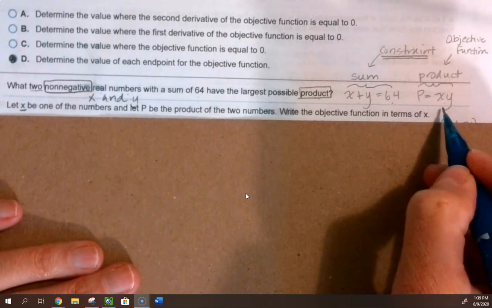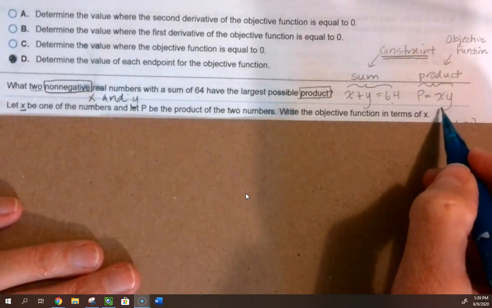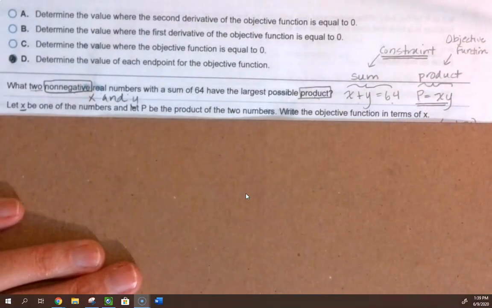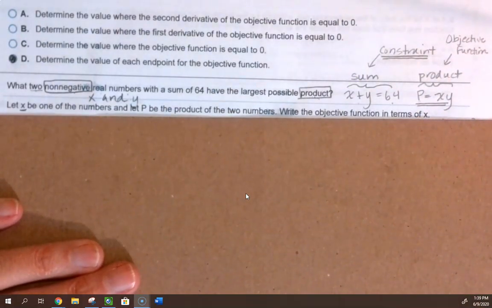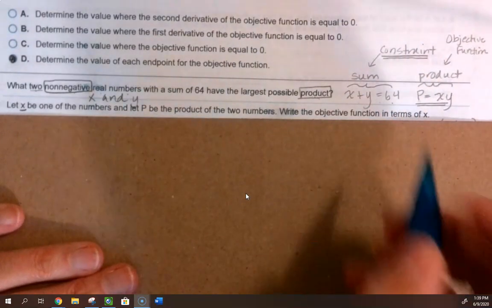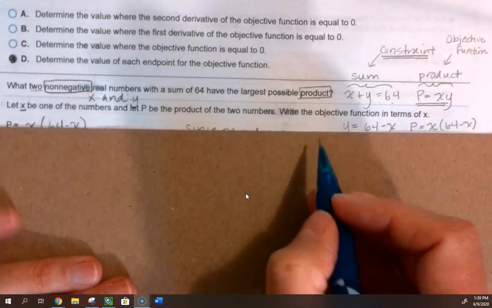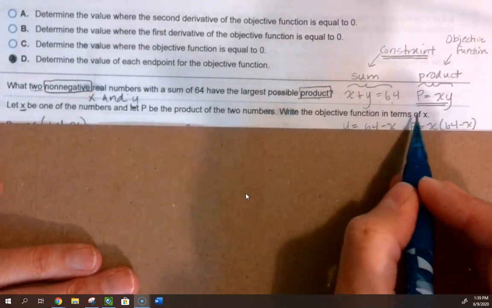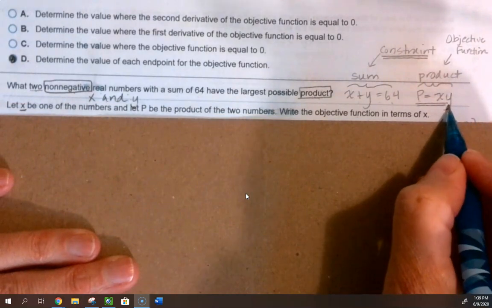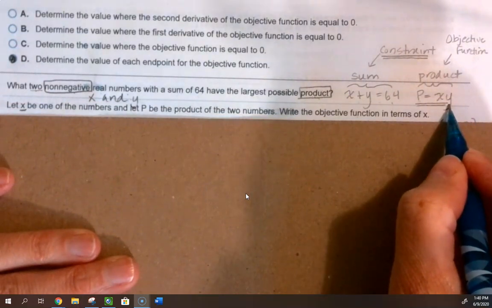The next step after you have those things is you want to take your objective function and write it in terms of only one variable. And you're going to use your constraint to do that. So it says here to write the objective function in terms of x. That means I want to get rid of y in the objective function.